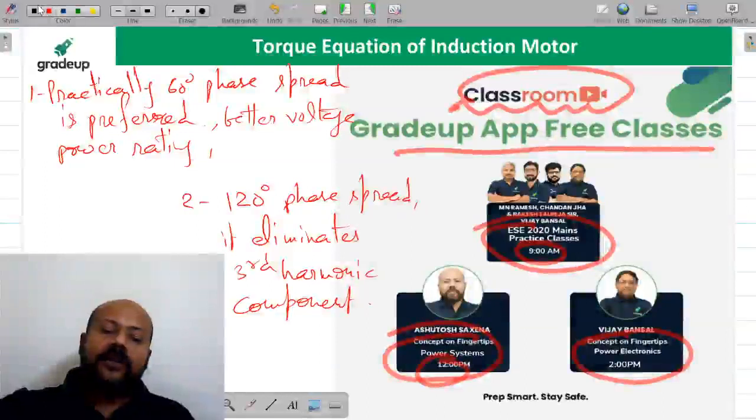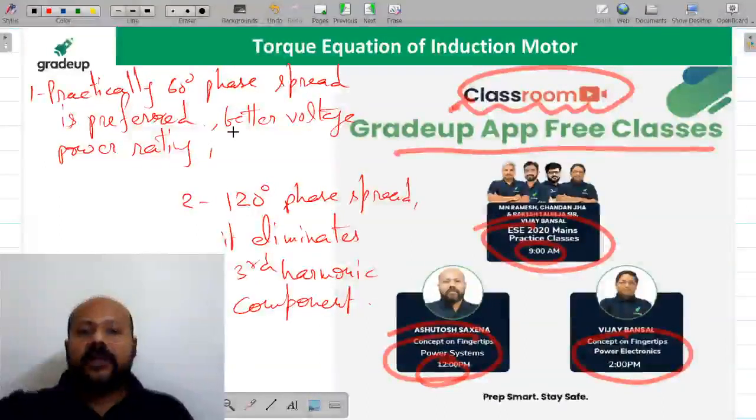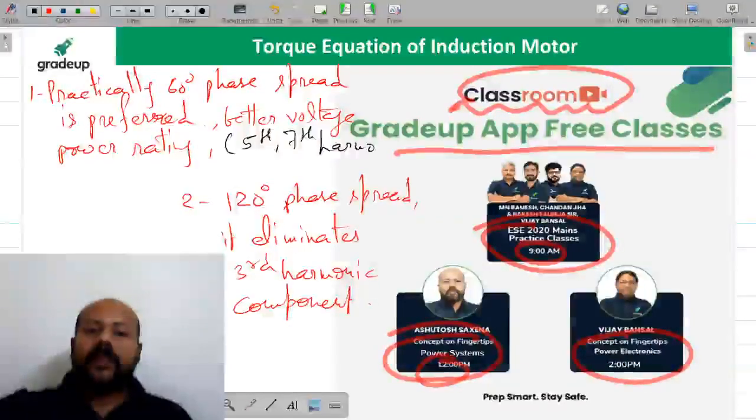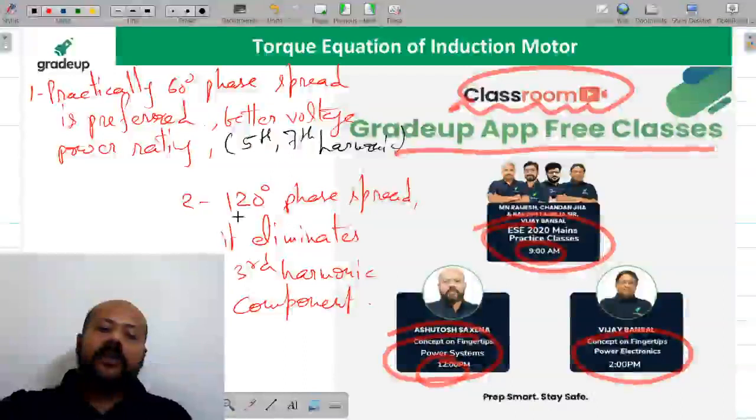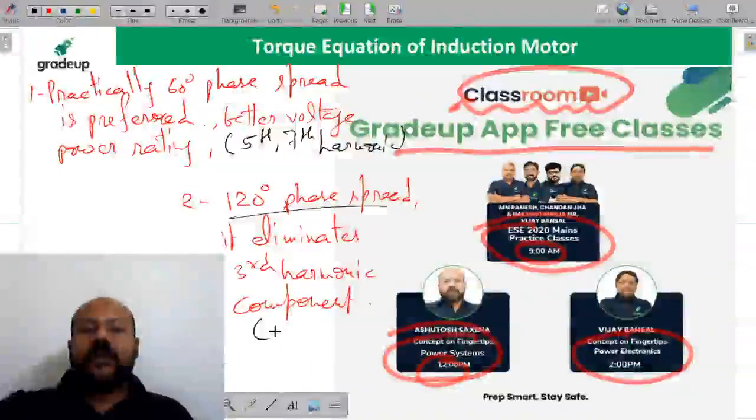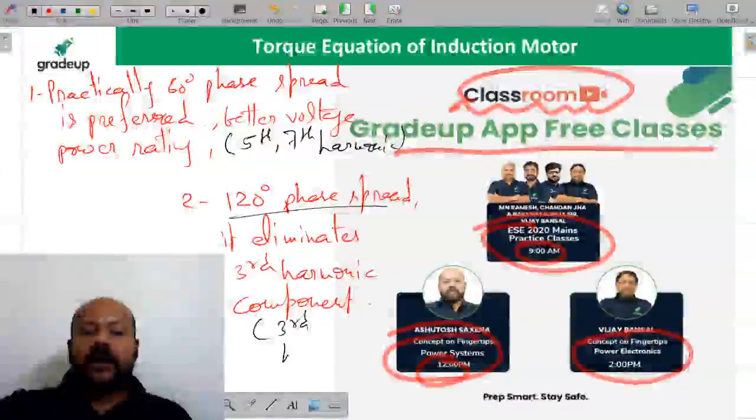And if you see for this induction machine, the 60 degree phase spread is basically used for the 5th and 7th harmonic, and 120 degree phase spread is used basically to eliminate the 3rd harmonic.